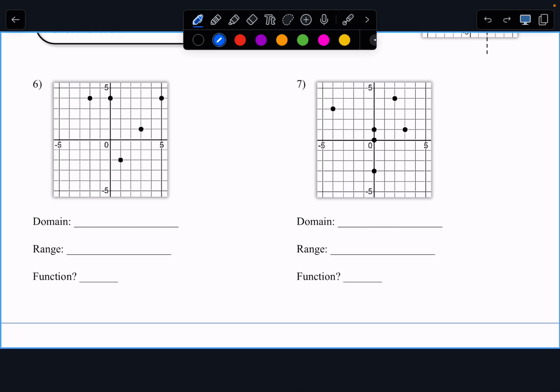Alright, there. -2, 0, 1. It's a function, Solomon. Good. It's 4, -2.